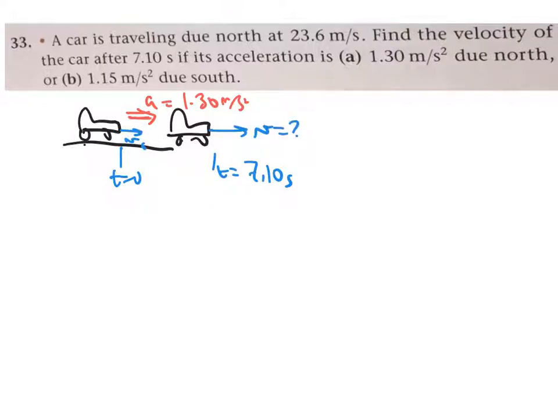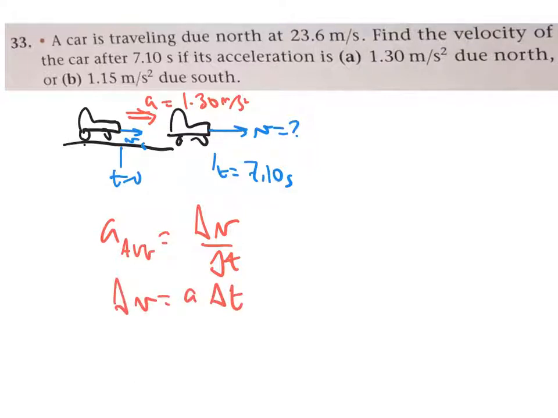And we're just really going to take the definition that the acceleration, which we're assuming is constant and therefore is equal to its average value, is delta v over delta t. And so we can solve this and say delta v is a times delta t, but delta v is v minus v0.